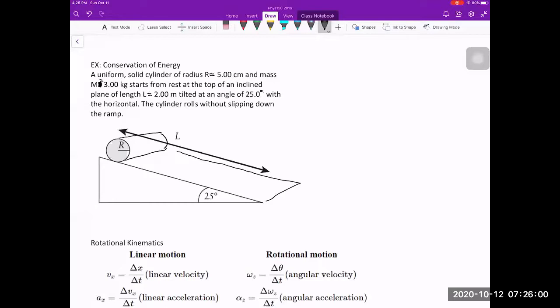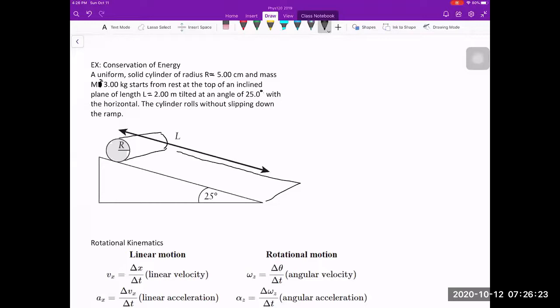If an object slips, that means there's friction. If it slips, then you have to consider the kinetic friction, and the rotation is not going to happen. When it slips, everything slips at the same time, then you don't have a rotation.